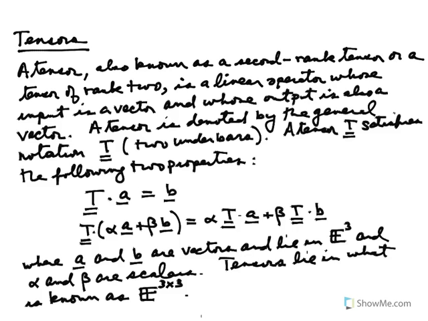The first is that the input is a vector and the output is a vector, and the second is that a tensor is a linear operator on vectors. So the second condition is linearity. Now we can start building constructs of how we represent tensors in coordinate systems, and we're going to work our way through these things in the rest of this lecture.